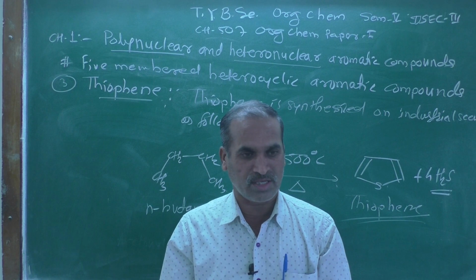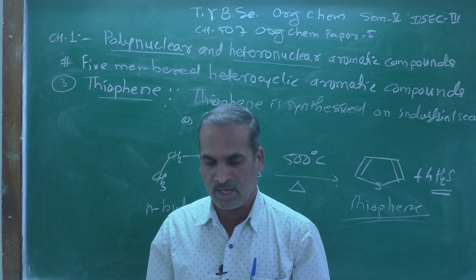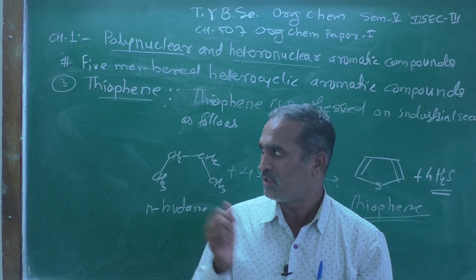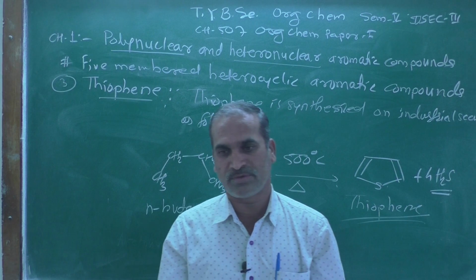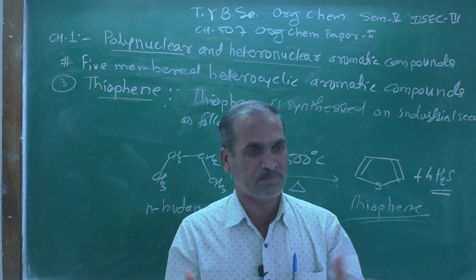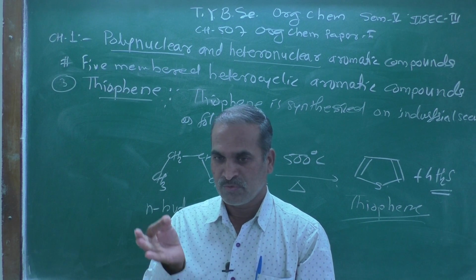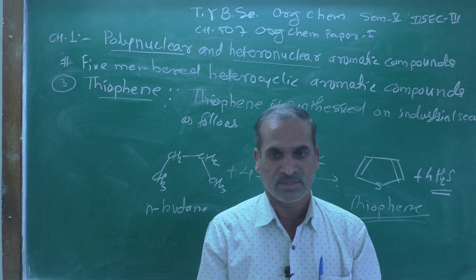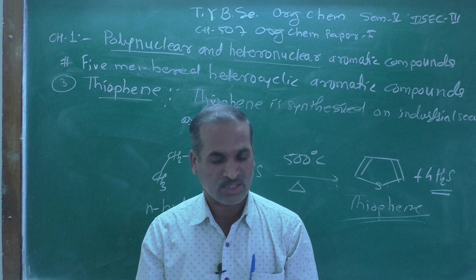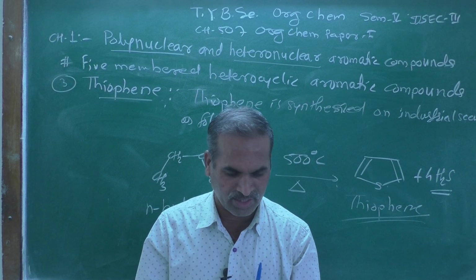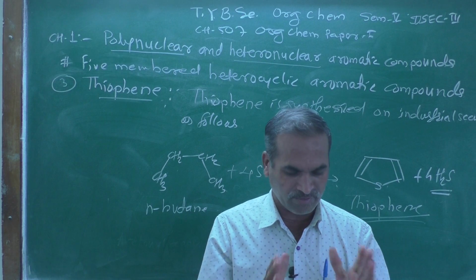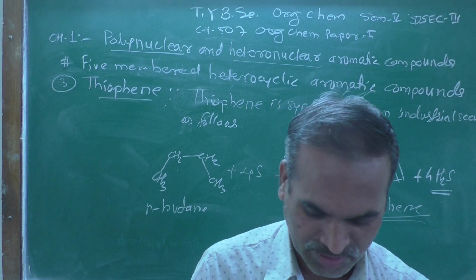On industrial scale, they take the starting material n-butane and treat it with 4 equivalents of sulfur, and the temperature is kept around 500 degrees centigrade, and the resulting compound obtained is plain thiophene. So these are the two different methods we discussed in our previous lecture.